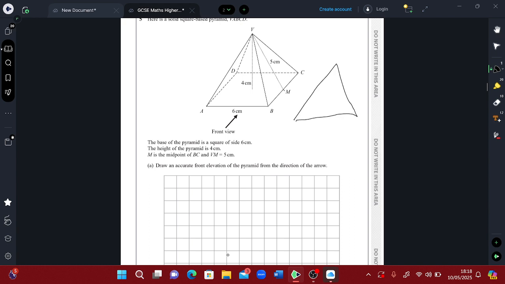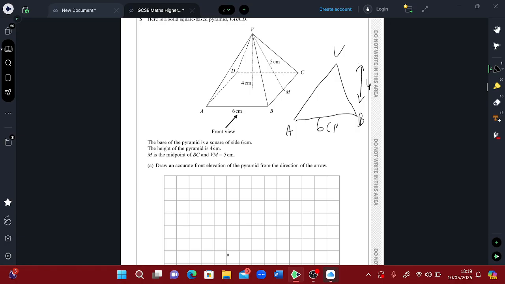Very messy one. A, B, and V. And the length of this would be 6. And it tells us we know it's going to have a straight height of 4. Now, that's not the slanted height.